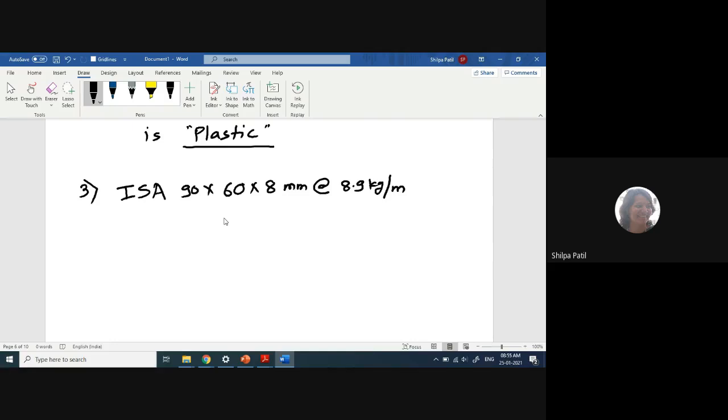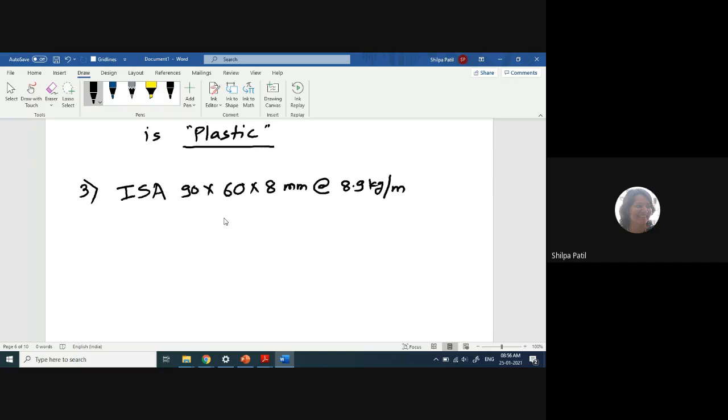We have some sections which have the same depth. Specifically for I sections or channel sections, the depths are the same but the weights are different, because the thickness of the various components like flange or web are different, and hence the overall cross section and the overall weight are also different.